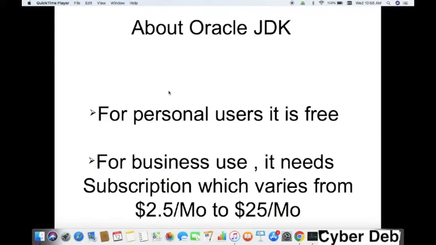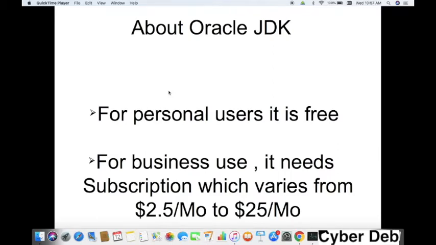It is required while we go for distributing the application or the software which is built using Java to our business, meaning to our client, to our customer for the business purpose.